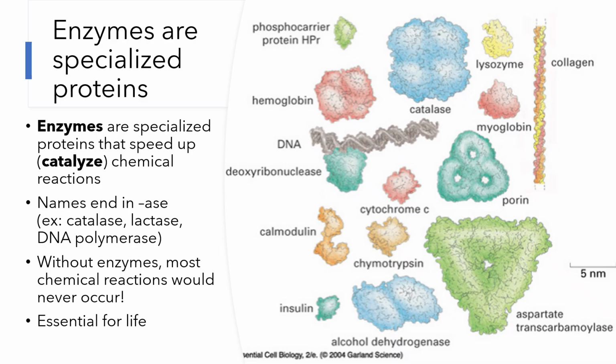Now, we might think, okay, that's cool, it helps us speed up reactions, but I don't think we really fully appreciate how important enzymes are. Most of the reactions required every single second for life to continue, if they were allowed to happen randomly, on their own, in their own time, it could take over 1,000 years for some of these reactions to occur.